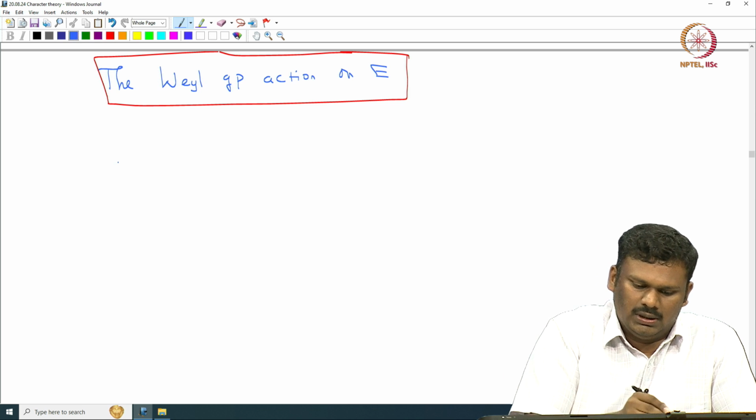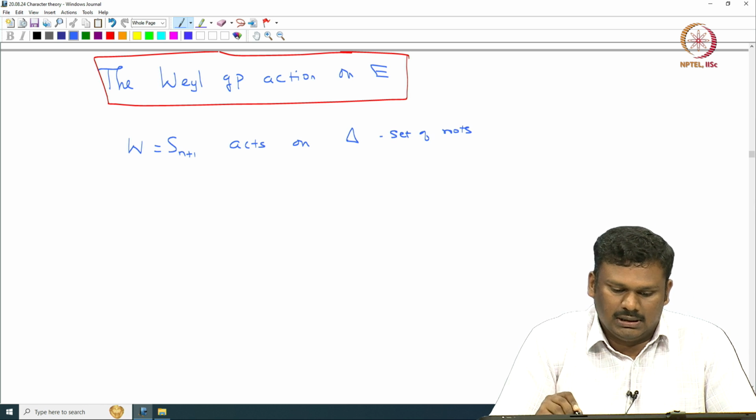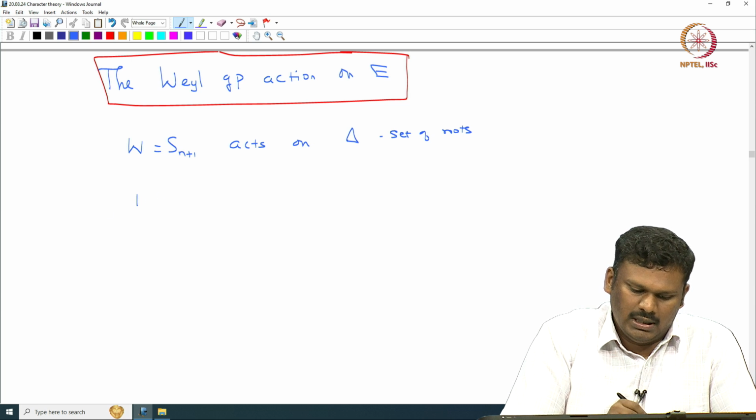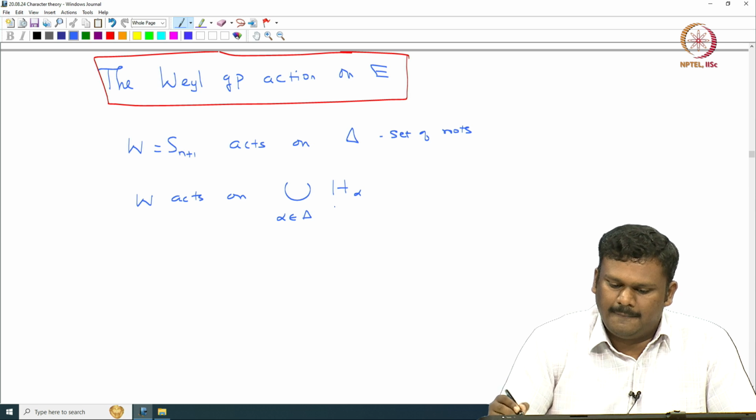So, note that this W, which is S_(n+1), acts on the set of roots. That is clear, because this is something we proved using SL2 theory. Now, using this action you can also get the action on this union of hyperplanes, the union of H_alpha with alpha in delta.